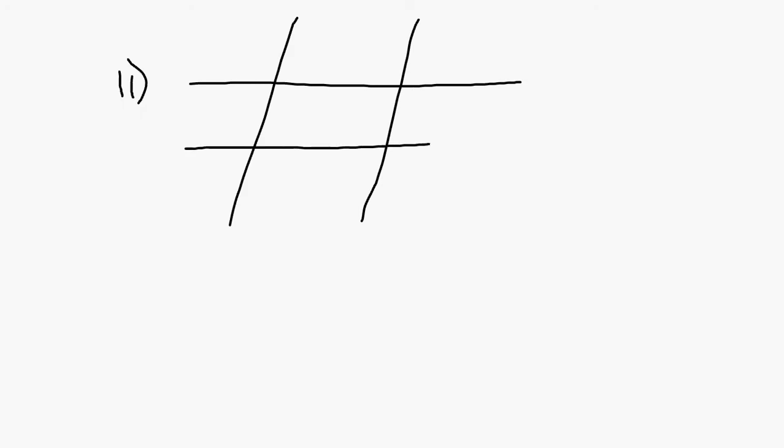Number 11, find the measure of angle P. So you've got 2 vertical looking lines and 2 horizontal looking lines, and everything is parallel. Those are parallel and those are parallel. This angle is 136. Angle P is right here.